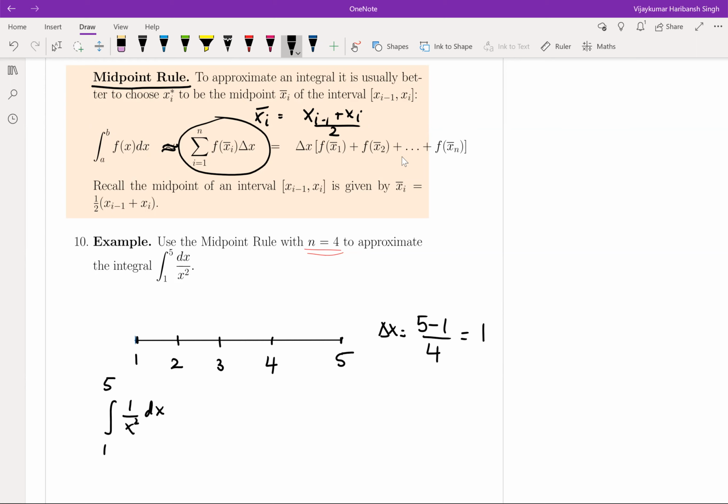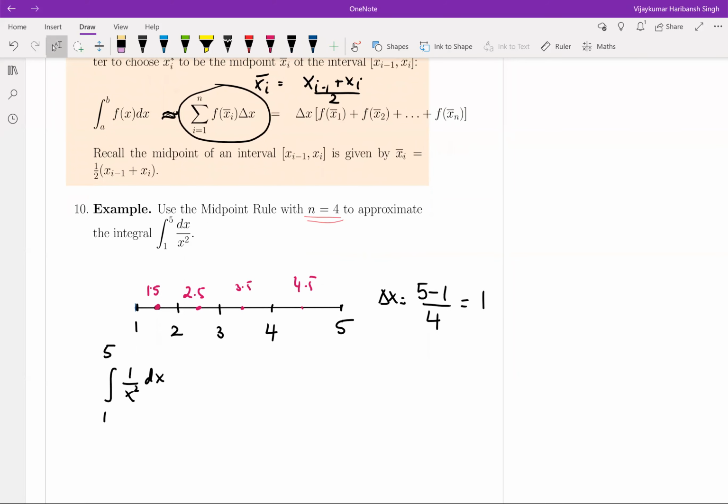However, for the height, you're using what value? You're using the midpoint value. So what is the midpoint of 1 and 2? It's going to be 1.5. What is the midpoint of the next two? It's 2.5. So these are the values you're using for the height. 3.5 and then here 4.5.